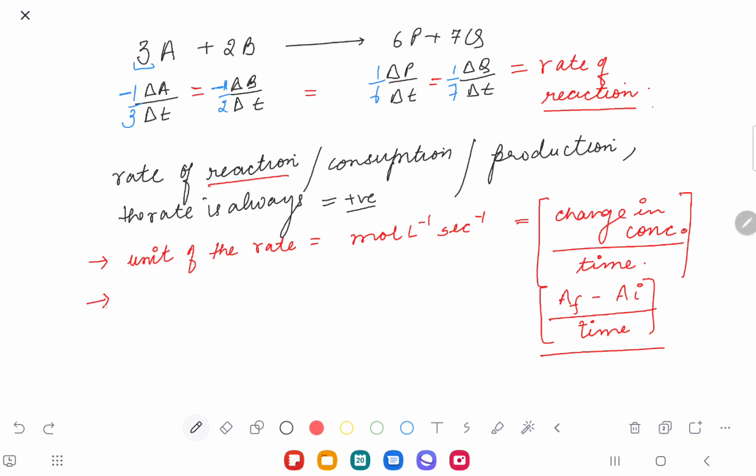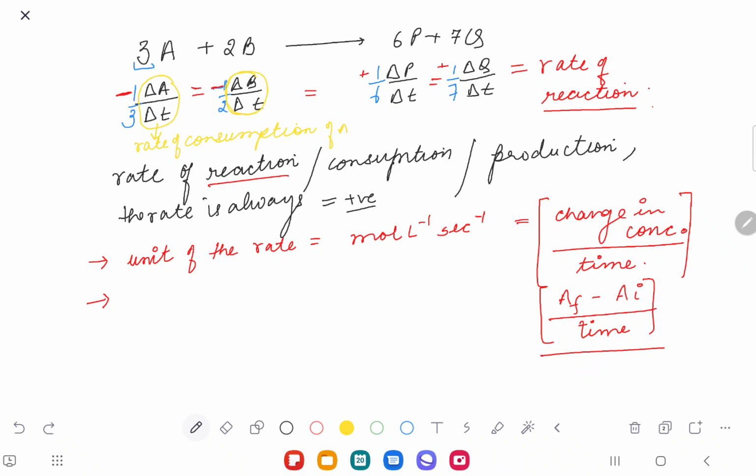Second thing that you have to understand, that for the reactants, we always put a negative sign here. And for the products, we don't put any sign because they're already positive. If I ask you, what is the name for delta A over delta T? You will say, ma'am, delta A over delta T would be called the rate of consumption of A. What would be delta B by delta T?